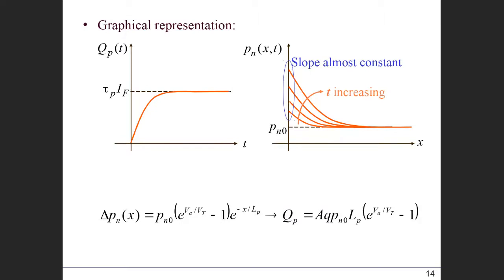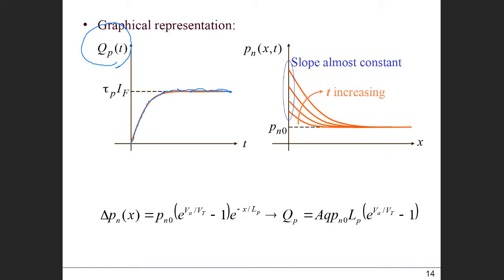If we apply the switch on for the PN junction diode, and look at the change of the stored charge in the N side, we can see that the stored charge exponentially increases like this, and then eventually is saturated with tau P IF. Okay, and then following the desiccation.